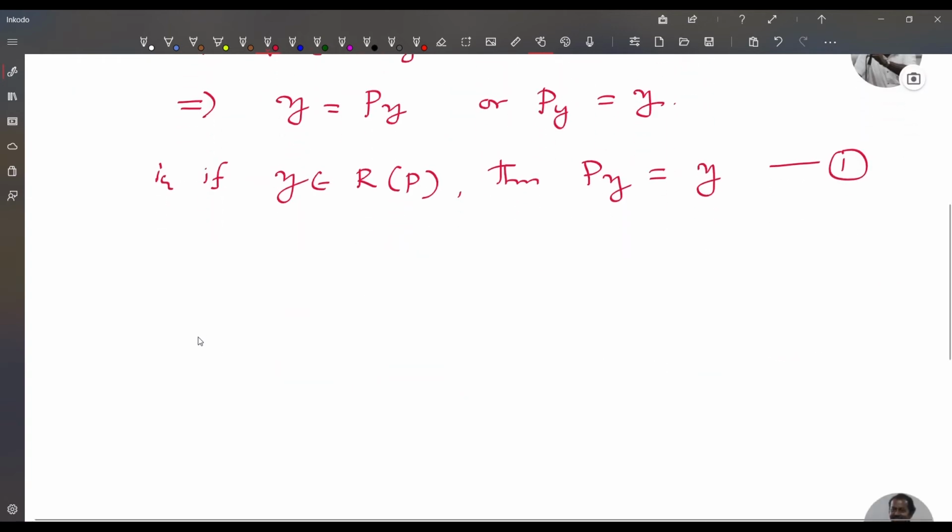Now let y belong to the 0 space of P. Then Py equal to 0. This is 2.